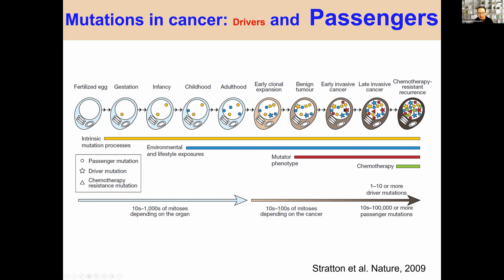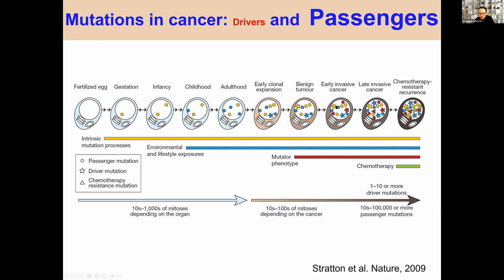However, the cancer driving mutations are a very small minority of them, and the other mutations are thought to be passenger mutations, which accumulated over time from fertilization, childhood, adulthood, and aging.